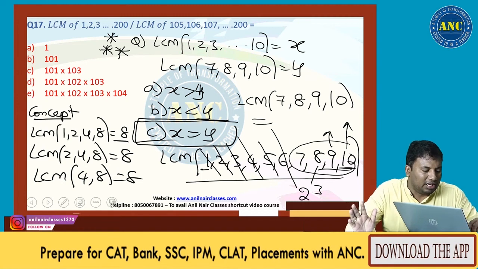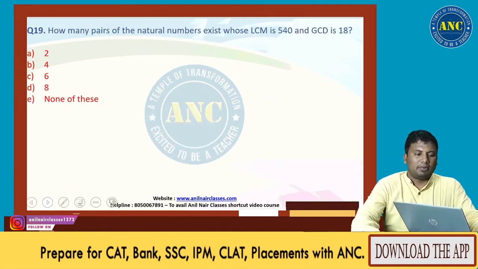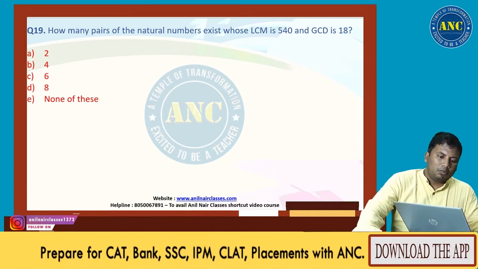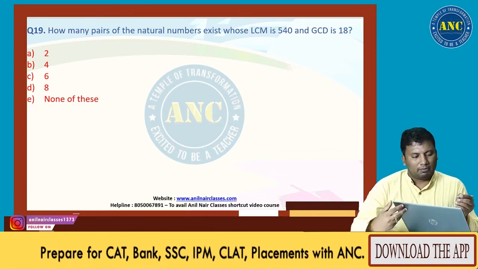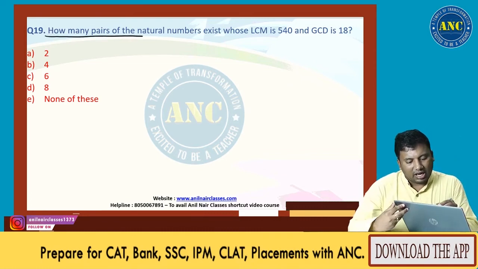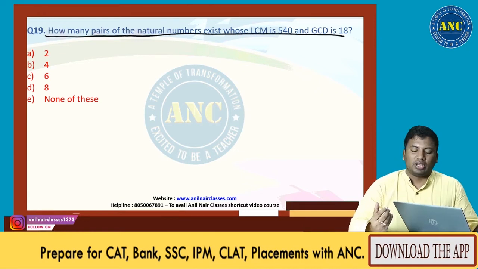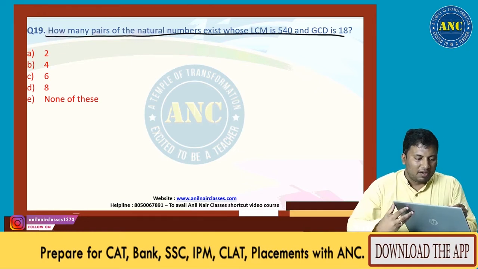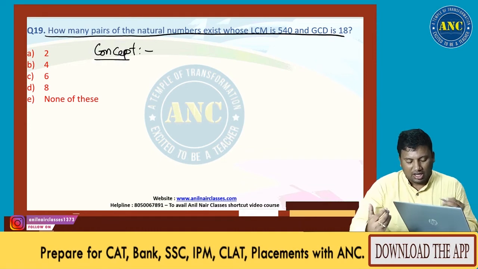Question number 18. How many pairs of natural numbers exist whose LCM is 540 and HCF is 18? We already discussed. First, as usual, we will discuss the concept, then we will discuss the problem.